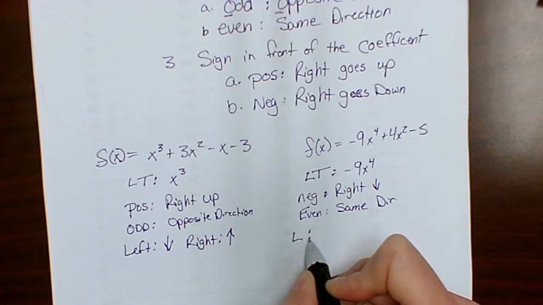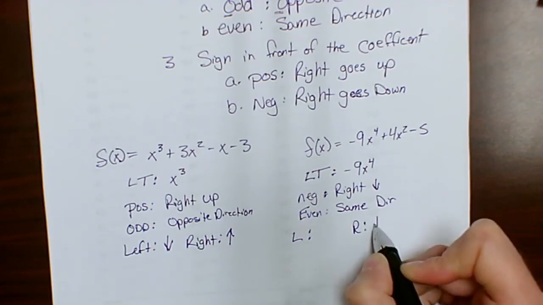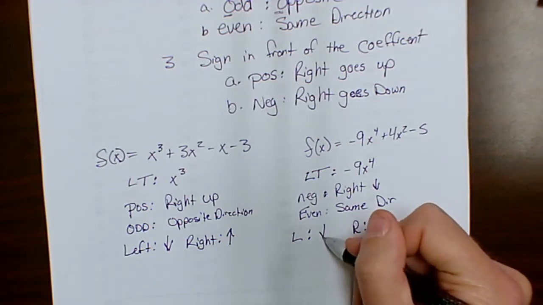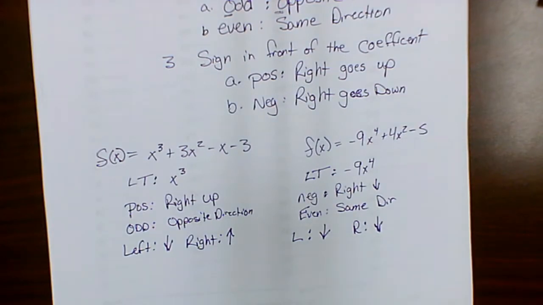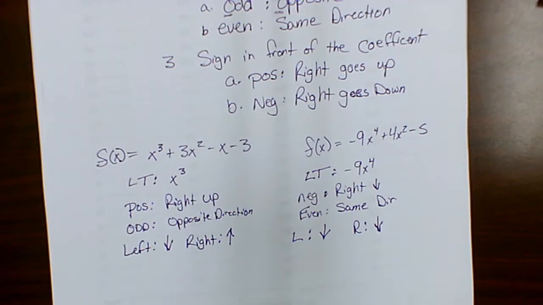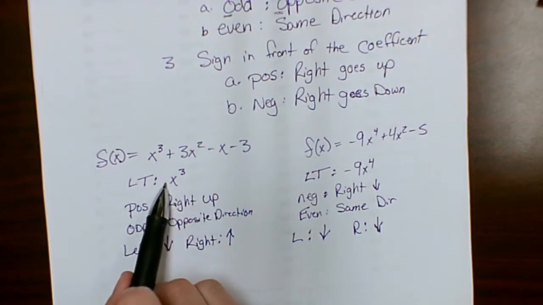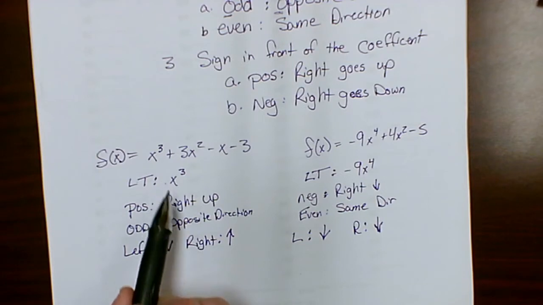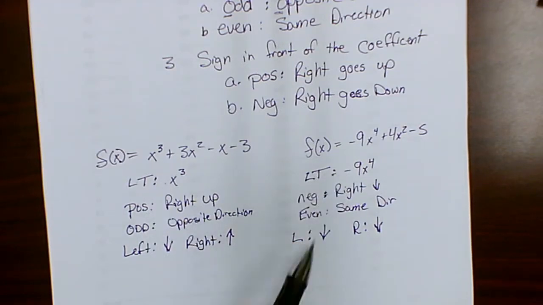So our right is going down, and then our left is going down too because of the same direction. It's kind of like a logical puzzle. If you figure out your right side, then you can figure out your left. If this were negative here, the right would go down and the left would go up. If this were positive, they would both go up.